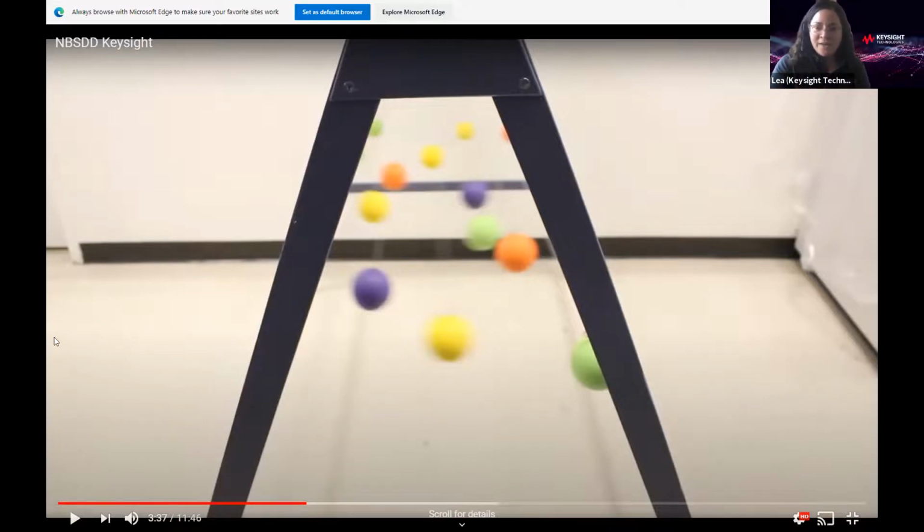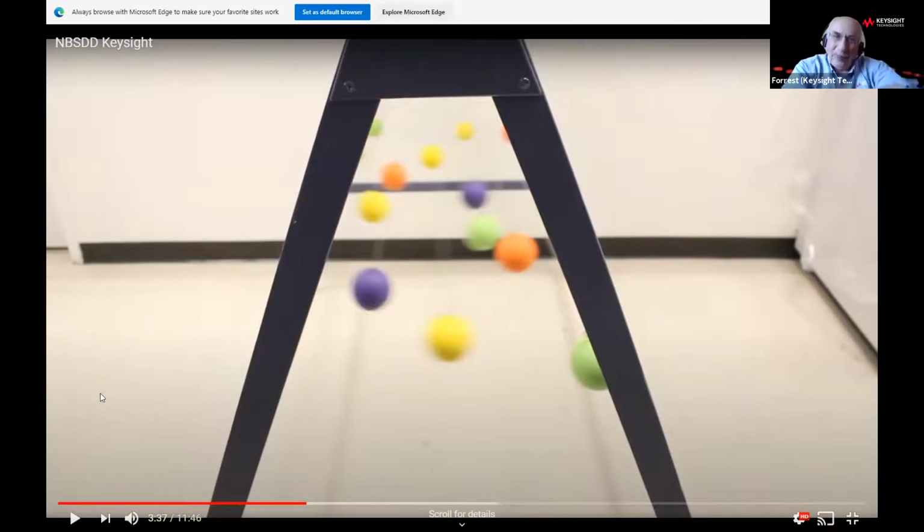What is the constraint that is making them move in different places? Well, it's just the different string lengths. I will mention that one of the things I discovered when I made this was that if I used a single string coming down to the ball, you had to be super careful when you let go, or else the balls would move sideways and bang into each other, and then you'd really see chaos.